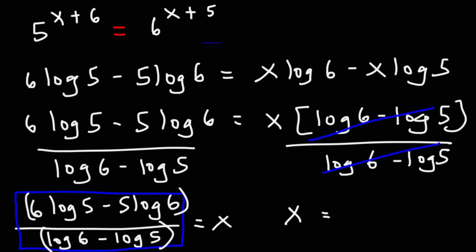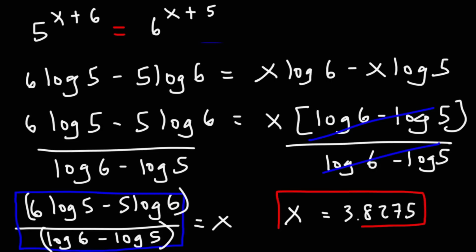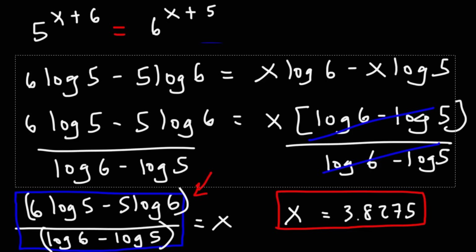Then if you divide that by log 6 minus log 5, you should get 3.8275. Now, if you're not getting the right answer in your calculator, it's probably because you might have forgotten to put the parentheses. So that's why it's important. Otherwise, you can get a completely different answer.